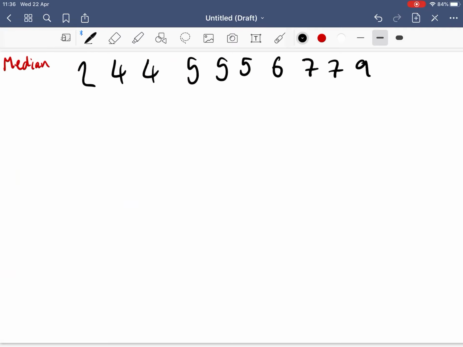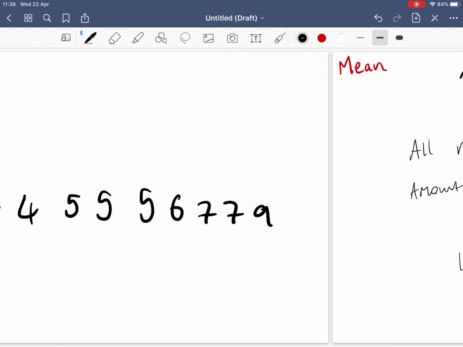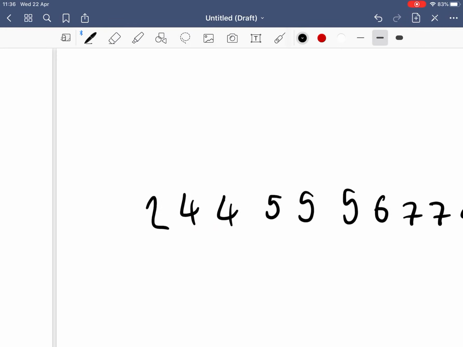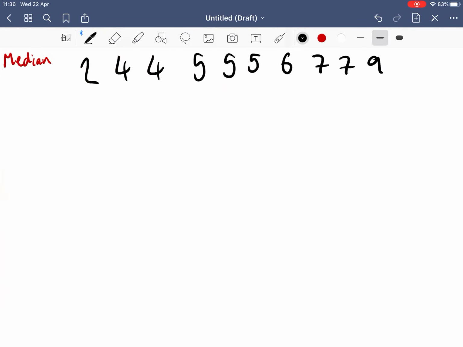Okay, so for the median, this is super easy. Median means the middle number. So all you have to do is work out the exact middle of these. This is something I learned at school. This is how I learned how to do it.